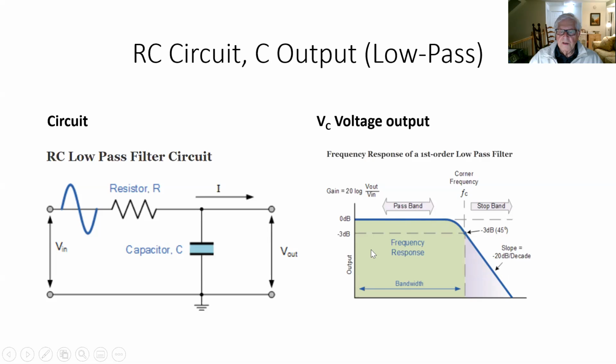So anything at low frequencies here pass, and then once you go beyond the corner frequency, you notice that the slope diminishes by 20 dB per decade. We will talk about what dB stands for, okay? But it basically attenuates. The signals down in this range are not strong enough to be carried forward.